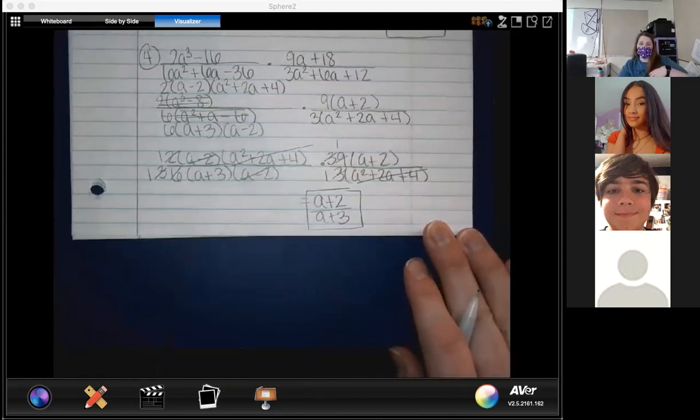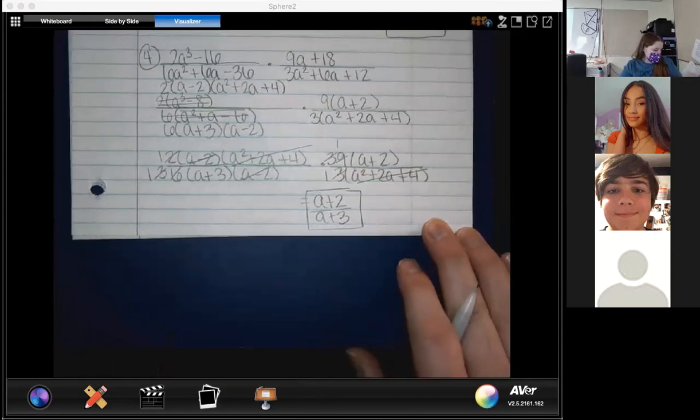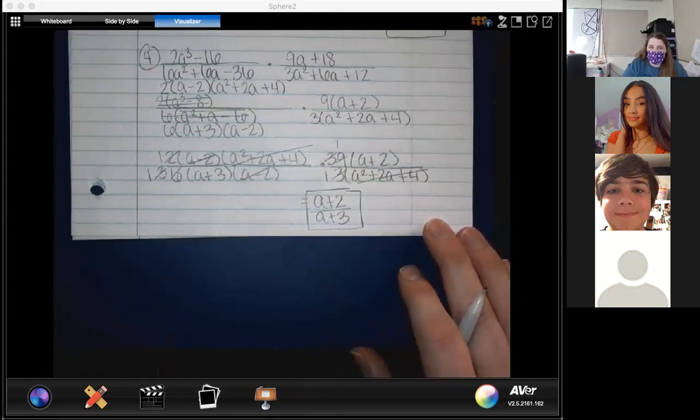Whole thing simplifies to A plus 2 divided by A plus 3. Let's move on. I'll give you a little bit longer. I see a couple people still writing here, so I'm going to hold it here a little longer.